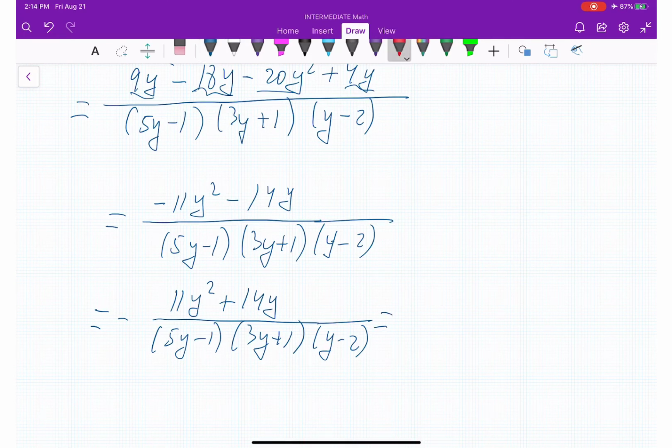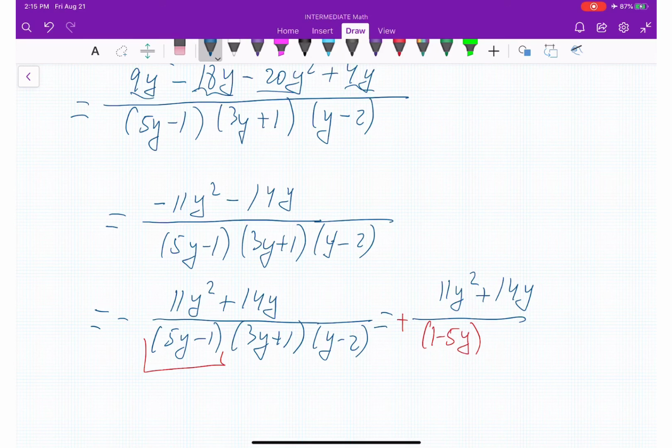Let's say I will flip this one, 5y minus 1, I put 1 minus 5y. I will put in red color, 1 minus 5y. And here I make it plus, so you will know 11y squared plus 14y. And here we'll have 3y plus 1 and y minus 2.